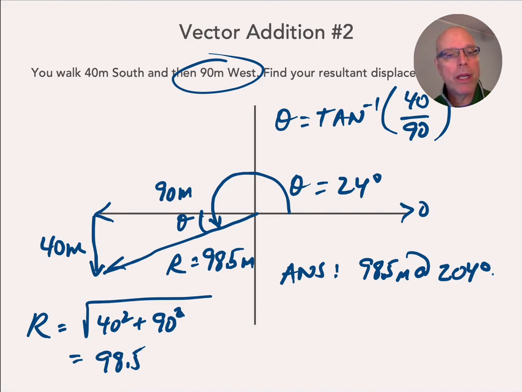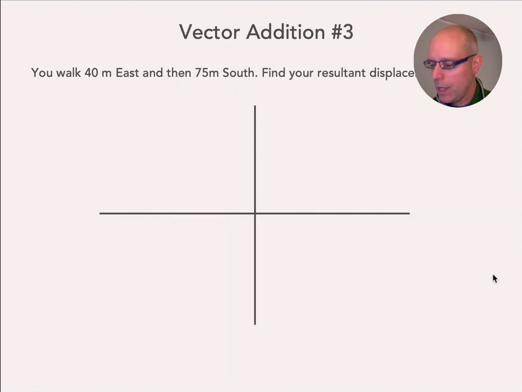It's a bonus question, but if you're working along with me and you're getting them right, great, you're good to go. Final example, I'm going to do 75 meters south and then 40 meters to the east. So since you're doing a little bonus work right here, 75 meters to the south, there's a real reason why I always draw the long ones first. It makes the diagrams a lot easier and it makes the tangent predictable.